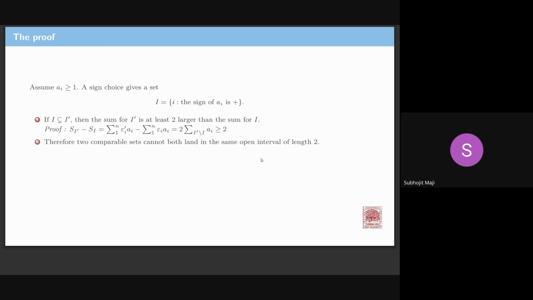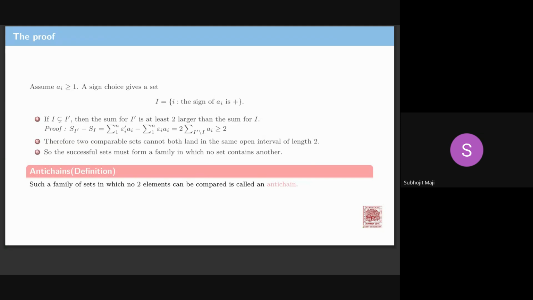So therefore, two comparable sets cannot lie in the same open interval of length two, because if one contains the other, the sum differs by at least two. So we get a family of sets in which no set contains the other. Such a family is called an antichain. Here comparable means that one set contains the other. The comparison is containment.